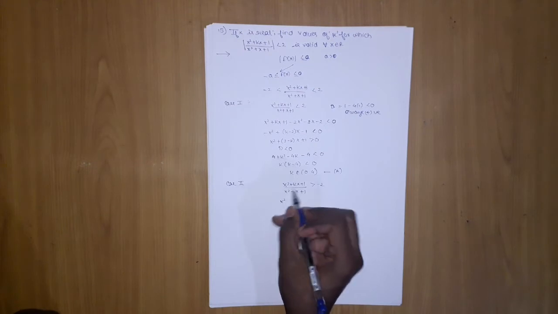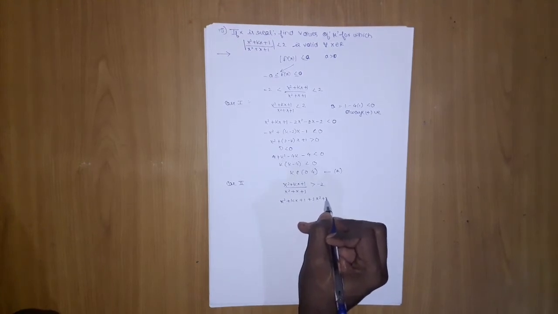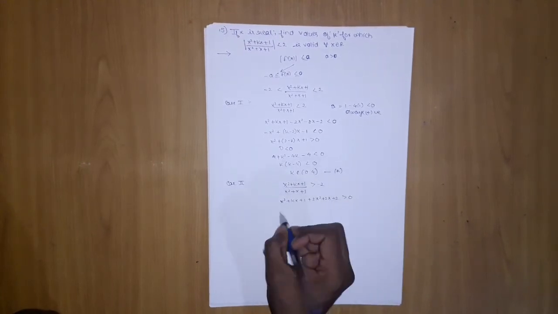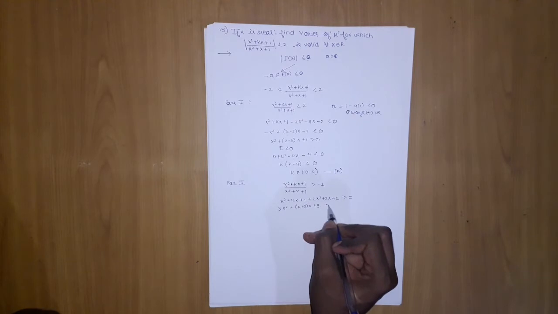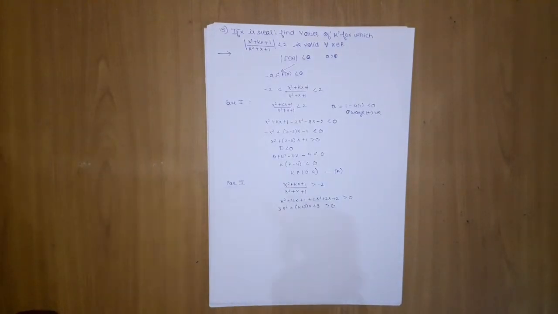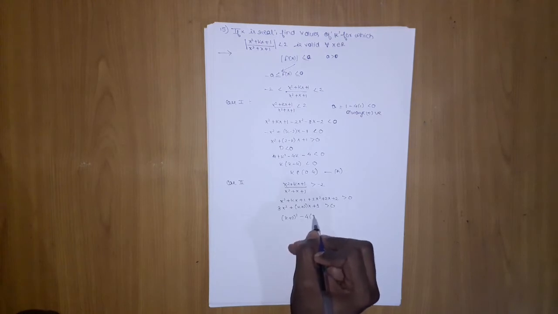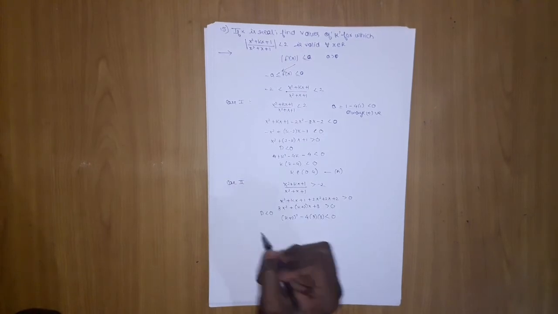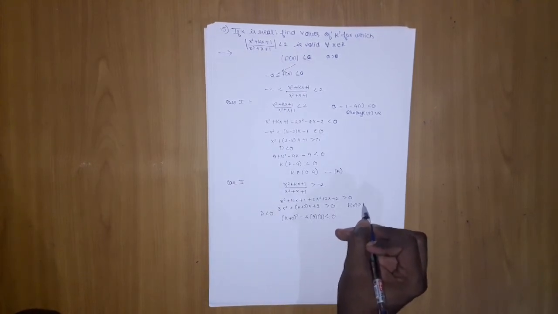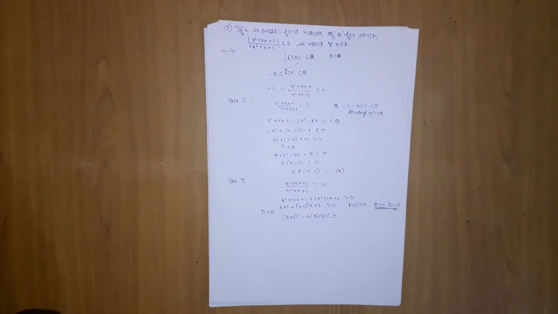So if we multiply, x square plus kx plus 1 plus 2x square plus 2x plus 2 should be greater than 0, which will give 3x square plus (k plus 2) x plus 3 should be greater than 0. Then what can we do? (k plus 2) the whole square minus 4 into 3 into 3 should be less than 0. I am taking D less than 0 because f of x is greater than 0. If f of x is greater than 0, a should be greater than 0 and D should be less than 0. These two conditions.